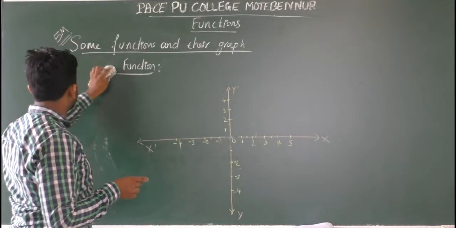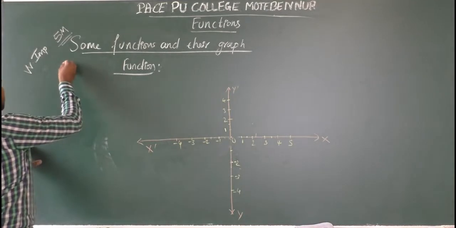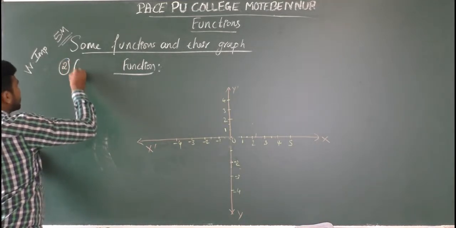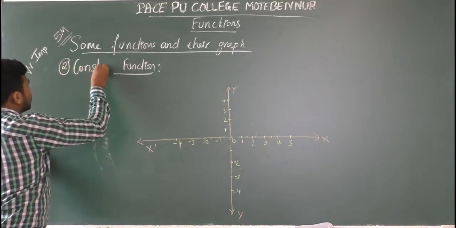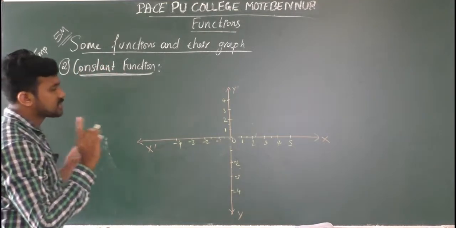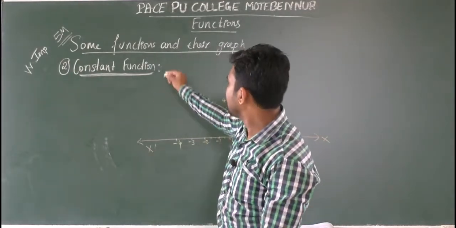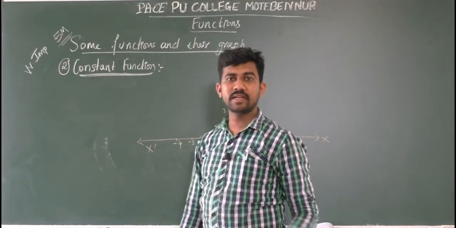See here, the second function is the constant function. Here the name only identifies the nature of the function. So what is the nature here? See the definition.